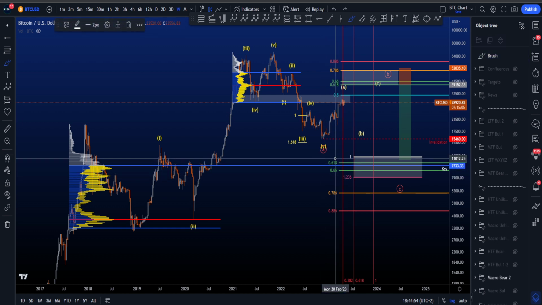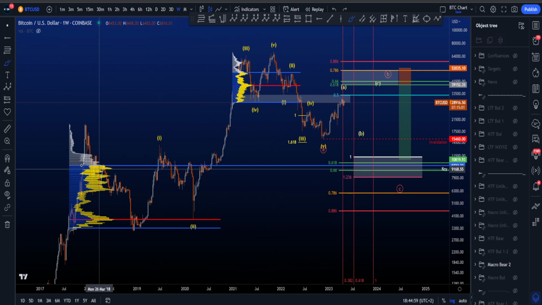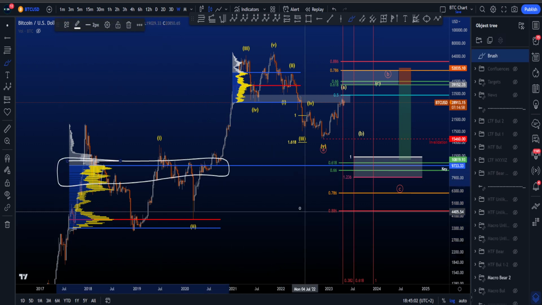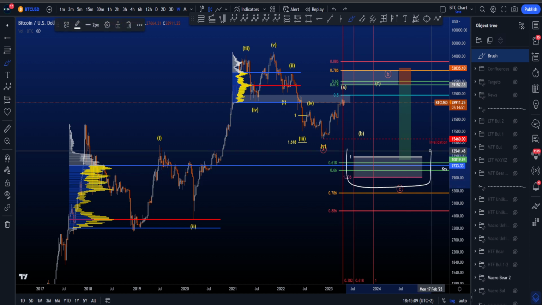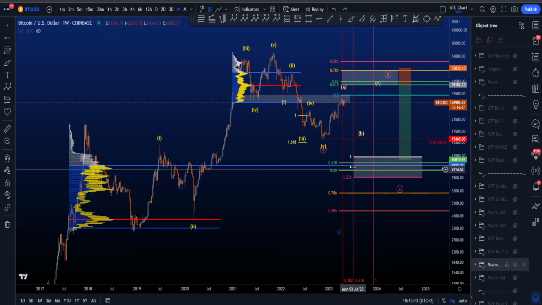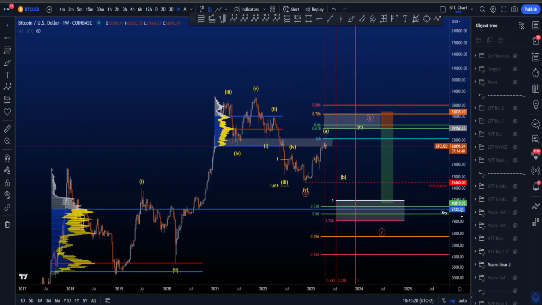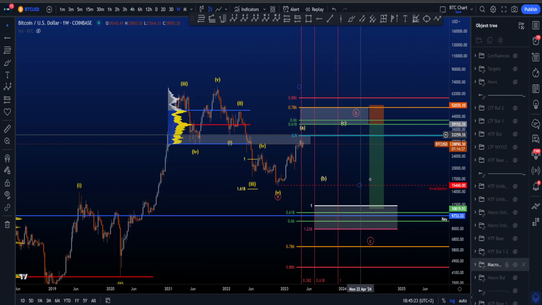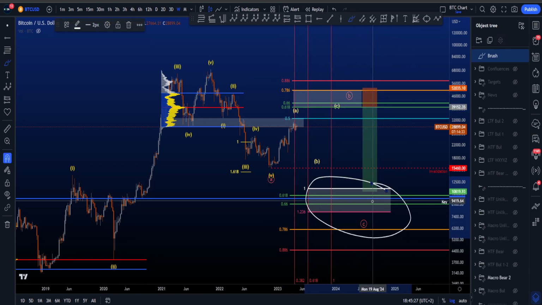And not only that, we also have this multi-year volume profile range, and the value area high of this multi-year volume profile range is exactly crossing in the middle of this golden pocket and the most common target area for a wave C. So massive support over here in this area, which is basically between 7.9k or basically 8k to 11.4k. So that is definitely an area to look for if we're going to play into this bearish scenario. We have incredible resistance, but we also have incredible support.